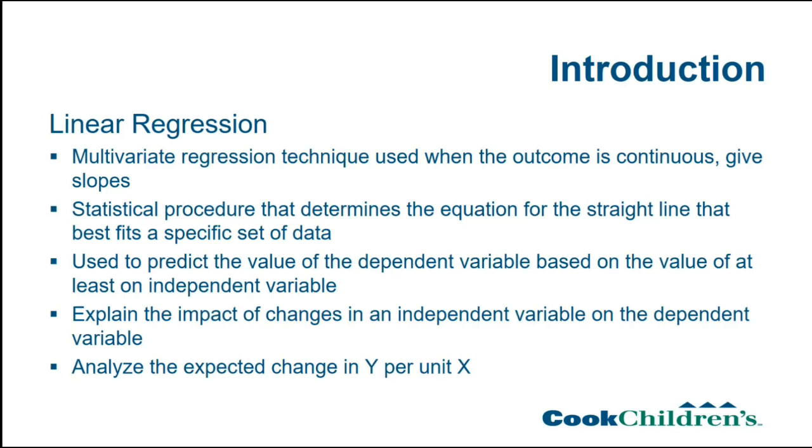It explains the impact of changes in an independent variable on a dependent variable. Basically all saying similar things, but you're trying to analyze the expected change in your dependent variable y per unit of x, which is your independent variable.